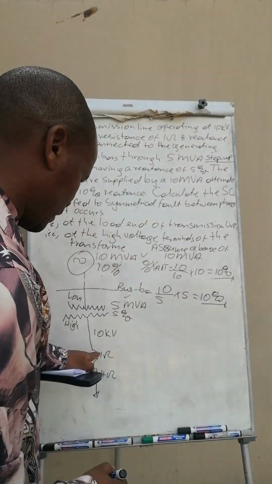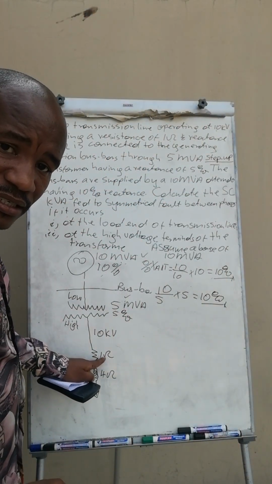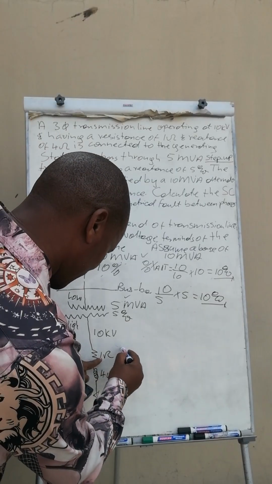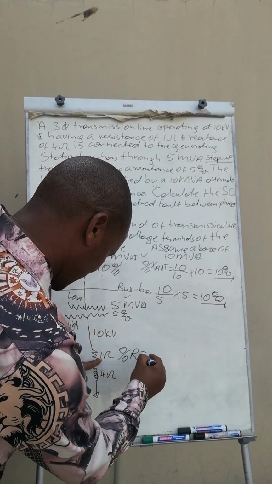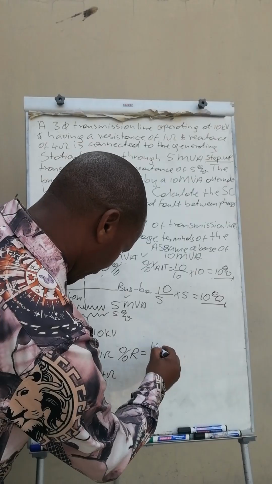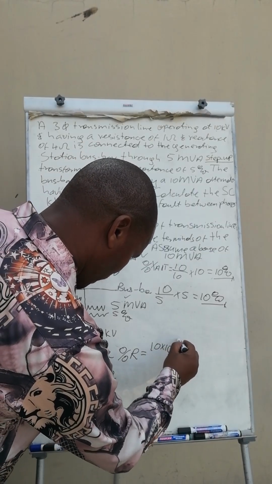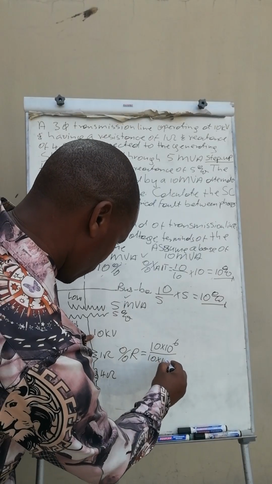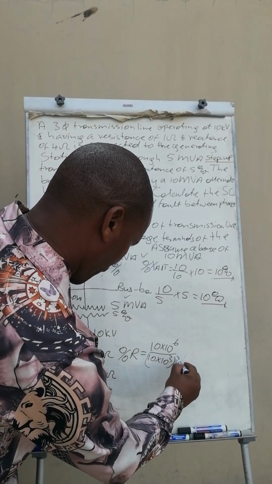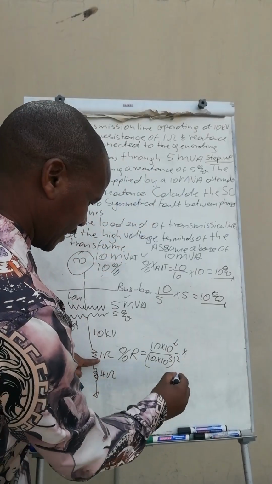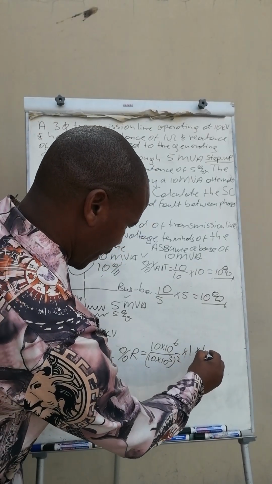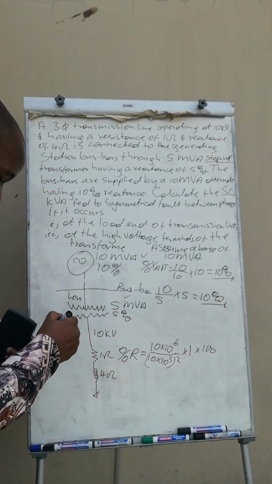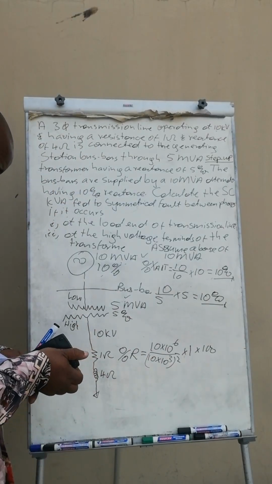But we want everything to be the same so that we can have easy calculations. Let's convert this to the percentage resistance. Percentage resistance is equal to the base of 10 to the power 6 all over a voltage of 10 to the power 3 squared, multiplied by the resistance, multiplied by 100%.